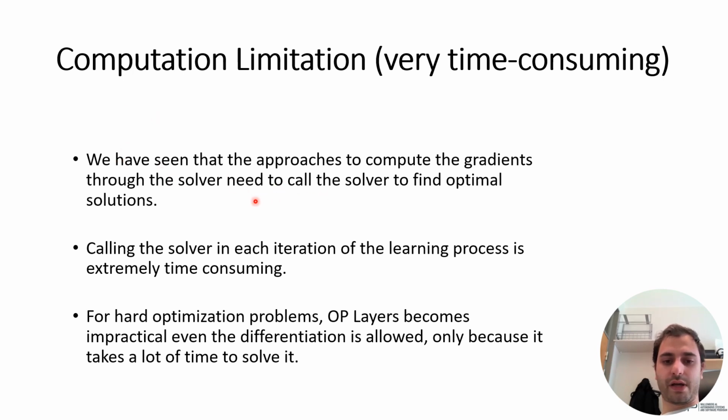Yes, so again, we have to call the solver to find optimal solutions in each iteration. Calling the solver in each iteration of the learning process is extremely time consuming, obviously. And for hard optimization problems, for example, OP layers become impractical, even if the differentiation is allowed, only because it takes a lot of time to solve it.